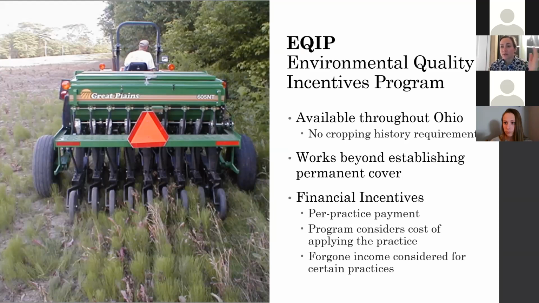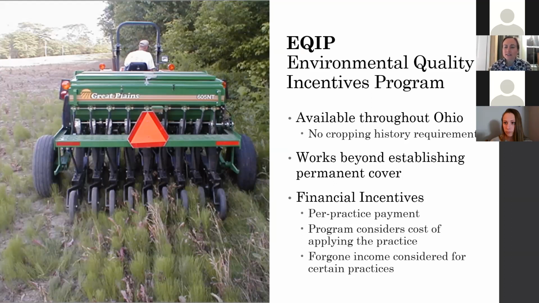And so after confirming that you've done that work, you'll get a dollar amount that's attached to spraying herbicide. And then maybe you disc to prepare the seed bed. So you get the dollar amount that's associated with disking. And then you seed it. So you get the dollar amount associated with seeding that type of cover. So it's kind of attached to each bit of work that you're doing.